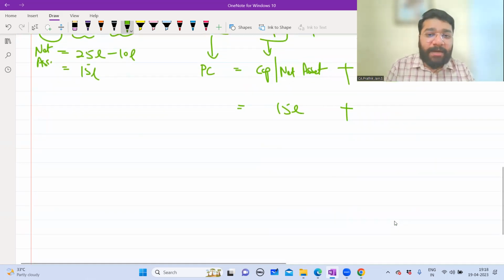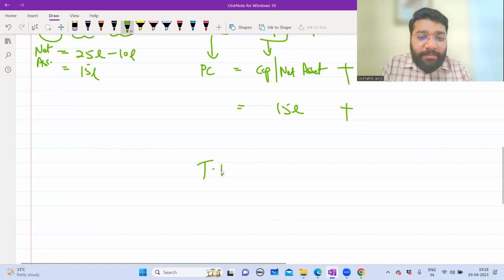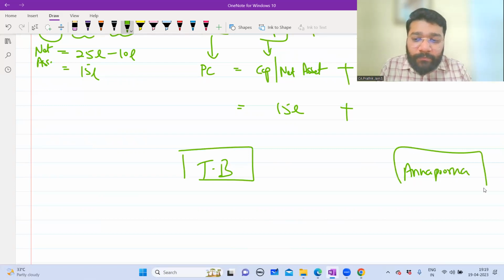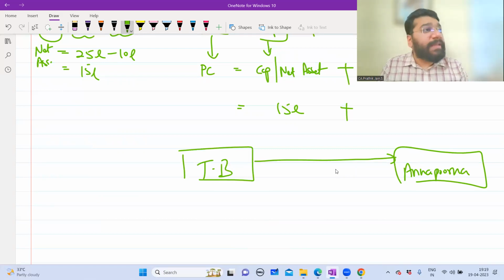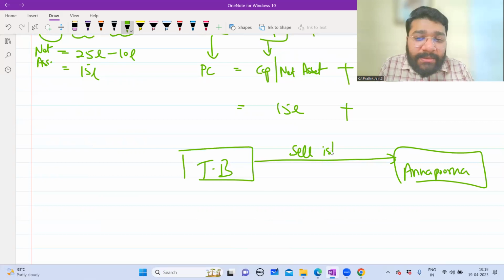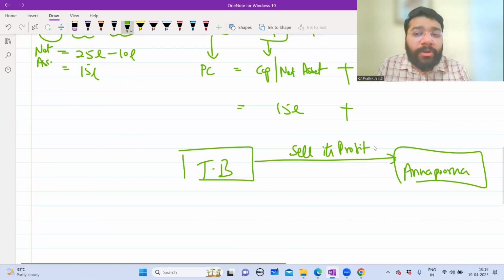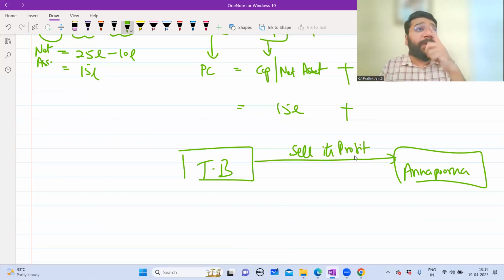So let's understand from this. This is Tasty Bites, and this is Annapurna. Tasty Bites will give the profits to Annapurna, which means it will sell its profit to Annapurna, which means Annapurna has to buy it.